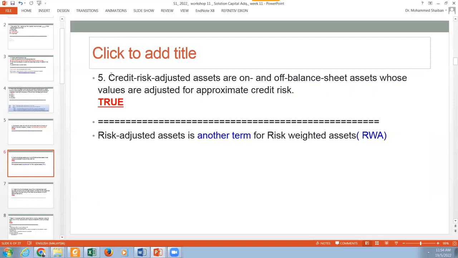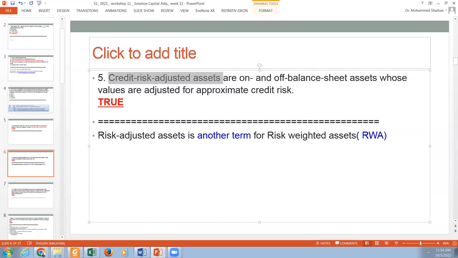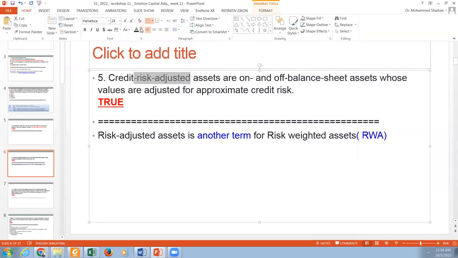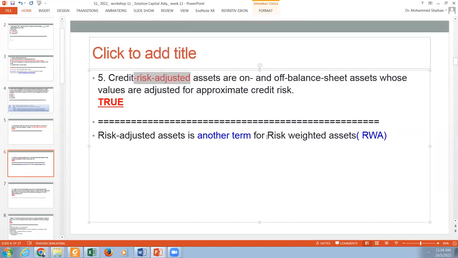When we say risk adjusted, it is actually a different term for risk-weighted assets. So whether you see it as risk-weighted assets or risk-adjusted, it's the same term.